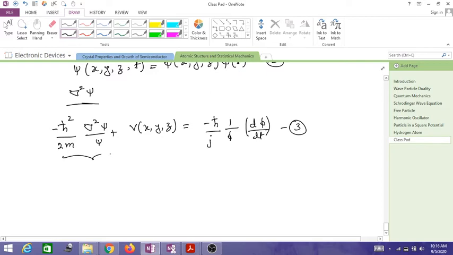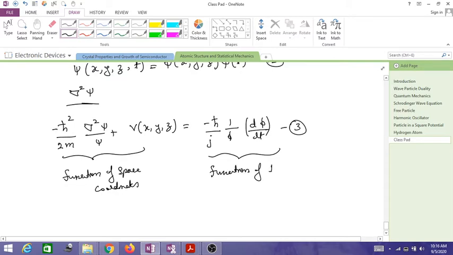Now if you consider this equation, the left side is a function of space coordinates, whereas the right hand side is a function of time. So now both of these functions should be equal to something, some constant.